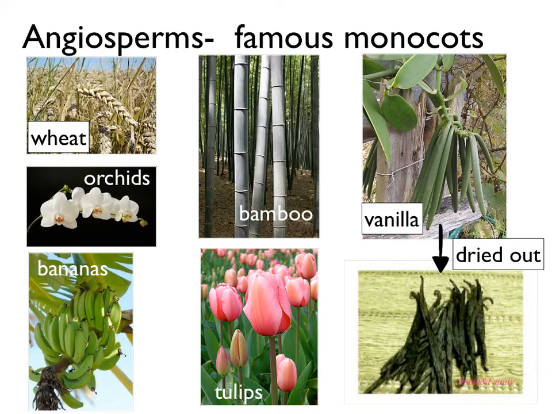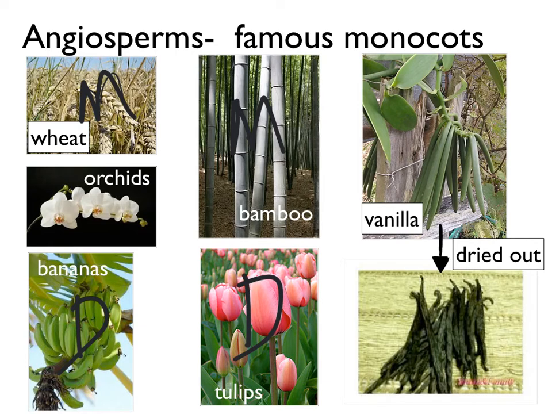Famous angiosperms, monocots and dicots. So wheat is a monocot. Orchids are, so let's see, M. Bamboo is M. Dicots, what is this?